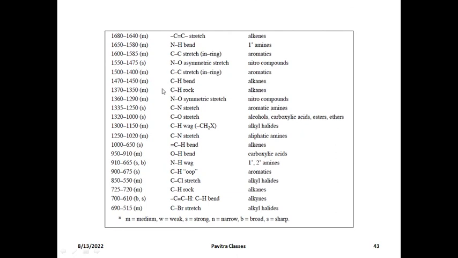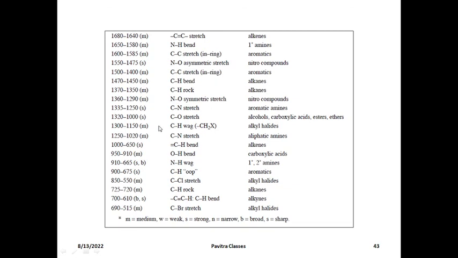Again around 1500 to 400, this is the fingerprint region, because of single bonds: nitrogen-oxygen asymmetric stretch in nitro compounds, carbon-carbon stretch in rings, especially in the aromatic group. CH rocking in alkanes, symmetric stretch, CN stretch, CO stretch in alcohols, CH wag in alkyl halides, especially in this range, and CH bending in alkenes. By these characteristic peaks you can identify the structure of the compound.